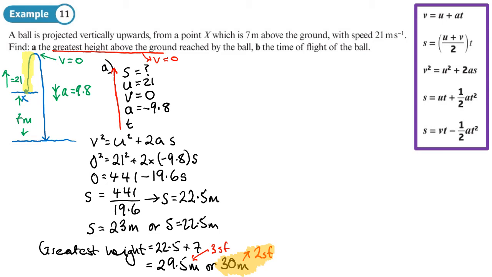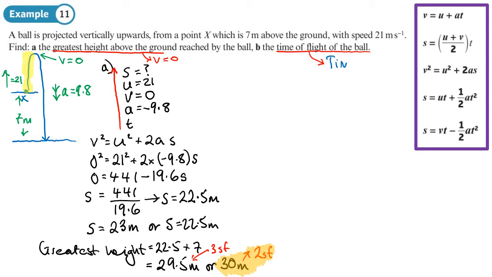Now in part B, it says to work out the time of flight of the ball. Okay, the phrase time of flight basically means how long is the object in the air. So let's just write that down.